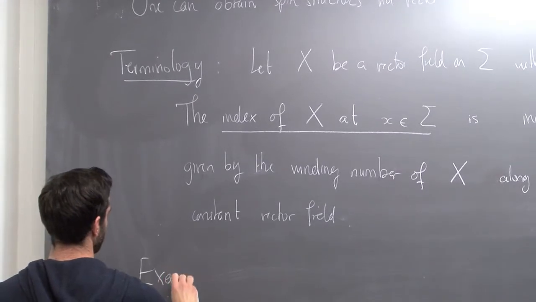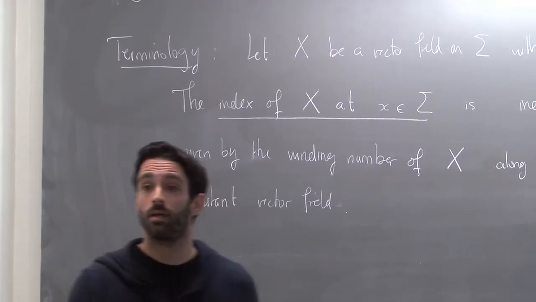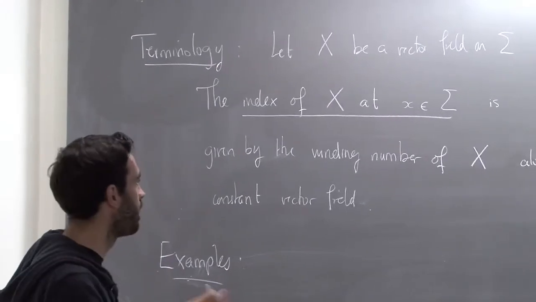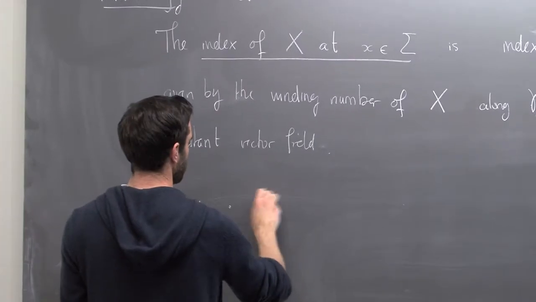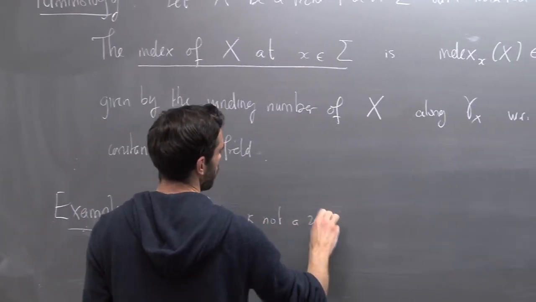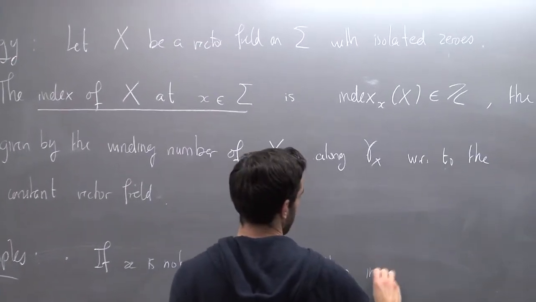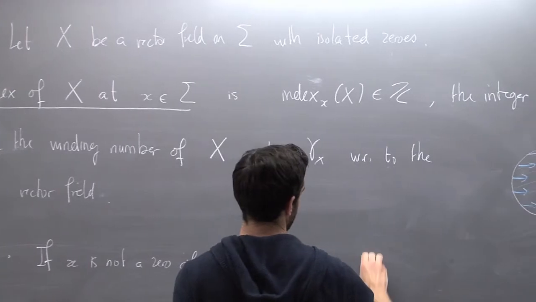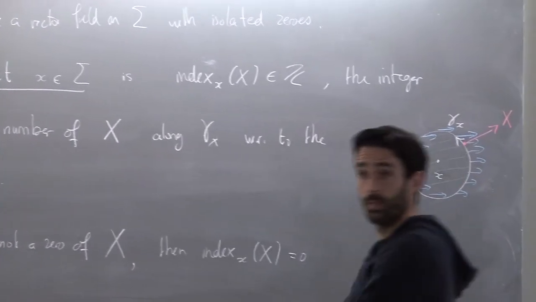Is x a zero? Sorry? Is x a zero, with any x? X can be anything, but that's the first example. If x is not a zero of big X, then the index is 0. Right?